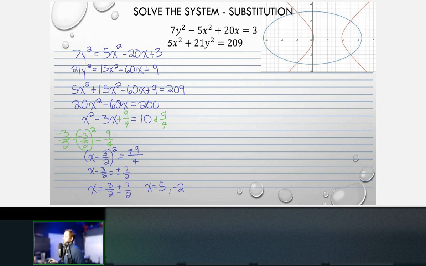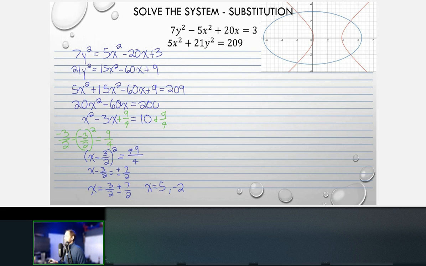You may have beat me, but you're wrong. So I did complete the square, though this one we actually could have factored. We could have reduced it and had x squared minus 3x minus 10, and we could have solved by factoring. That actually would have been faster than completing the square.